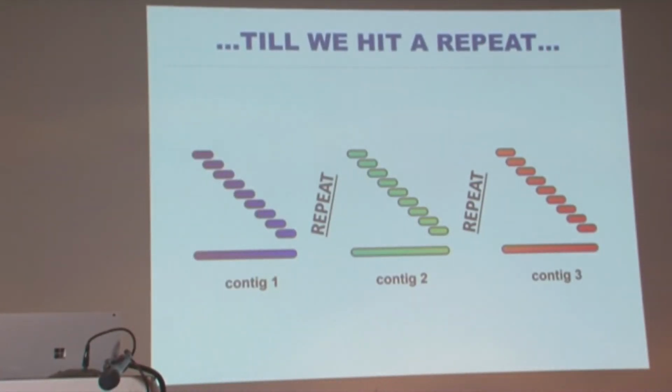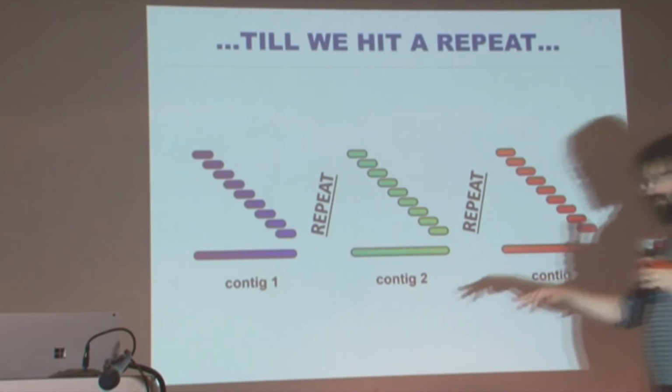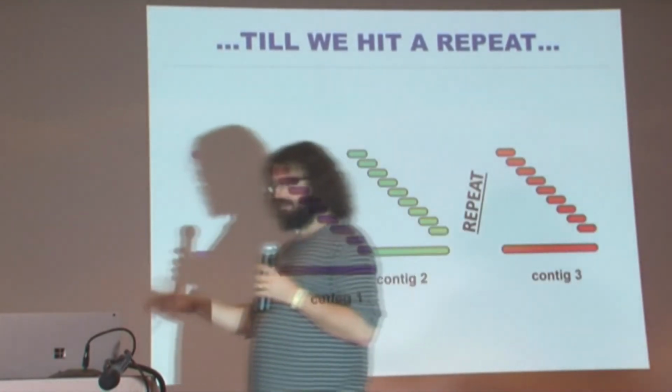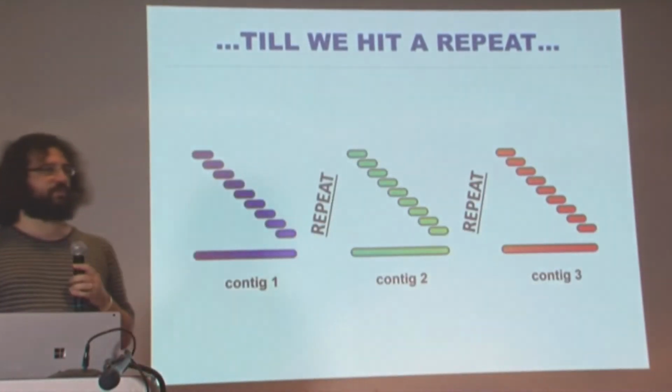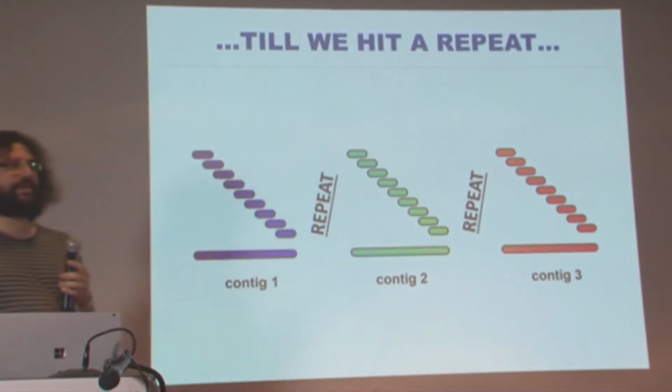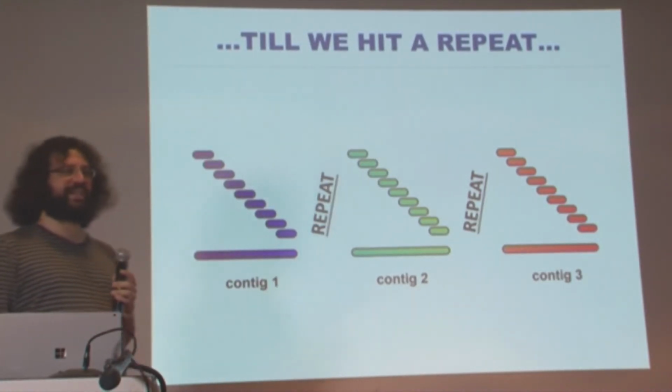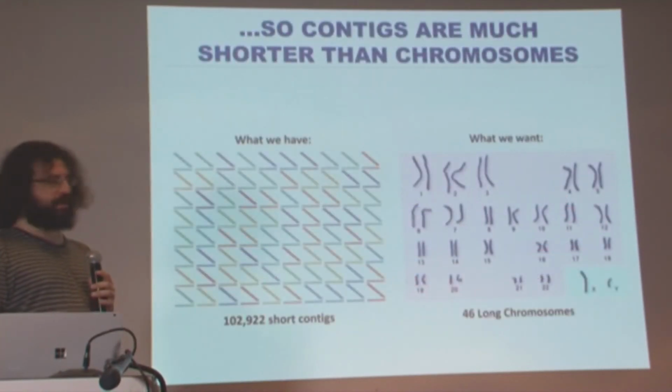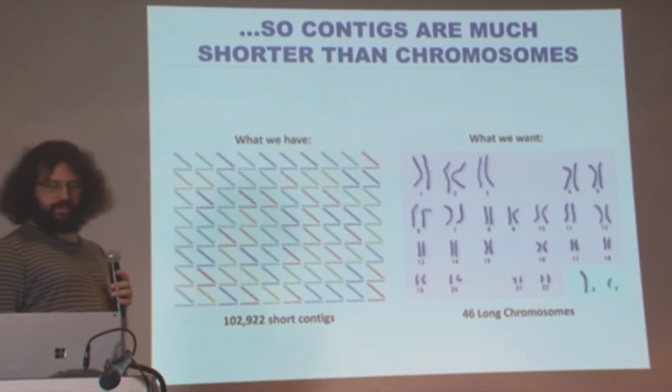Because these repeat elements are repetitive, there's no way to tile across them. Many of my contigs get into the repeat, and I don't know when I exit the repeat which of the contigs exits at that position. So everything breaks down at the repeats, and the contigs that you get are much shorter than chromosomes.